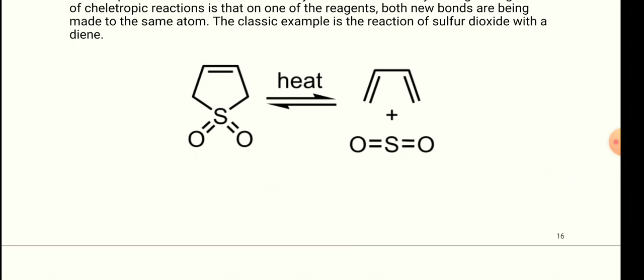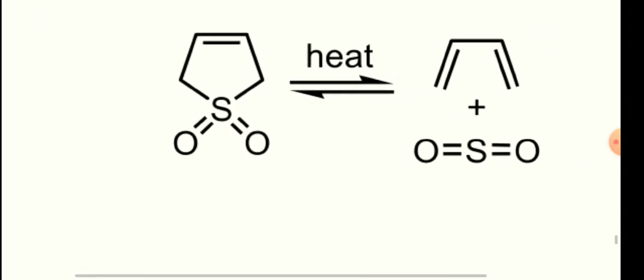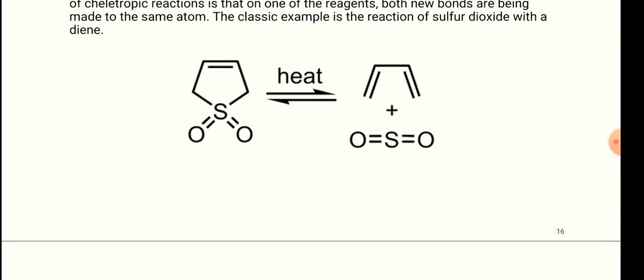So for a quantitative application of the sulfur dioxide, first we add the sulfur dioxide to the diene, so it forms a complex like this sulfone complex.